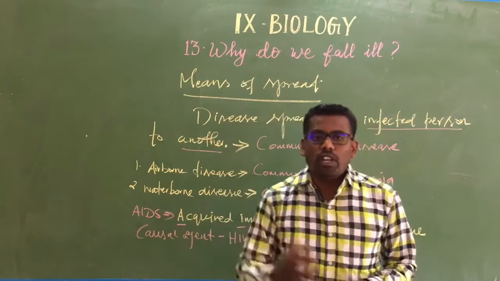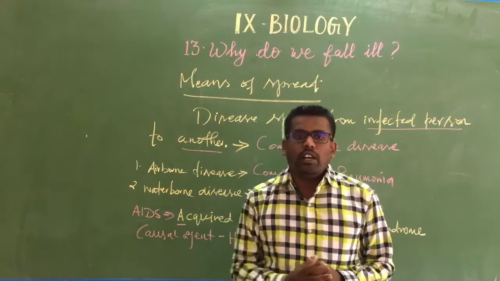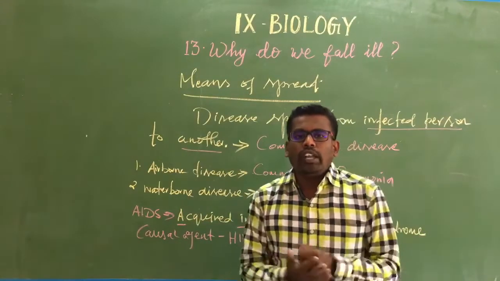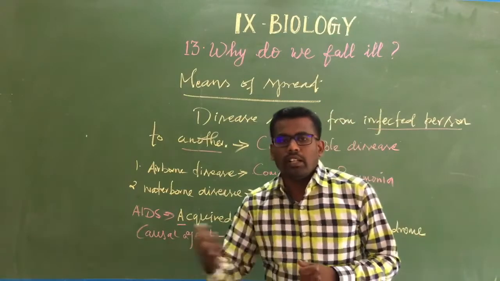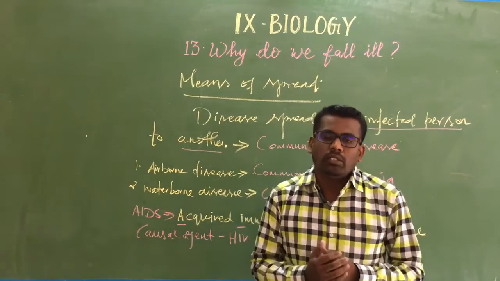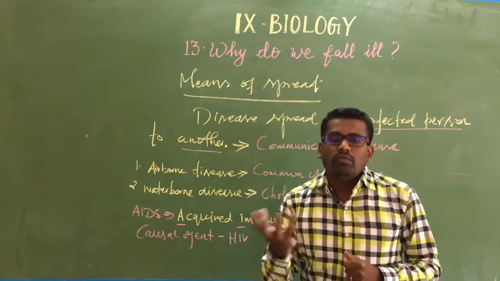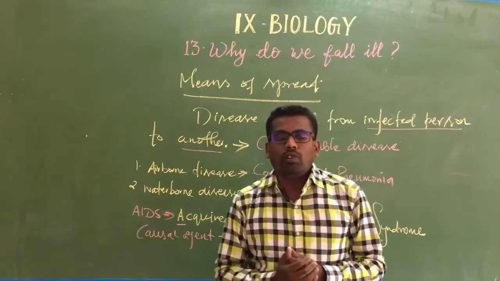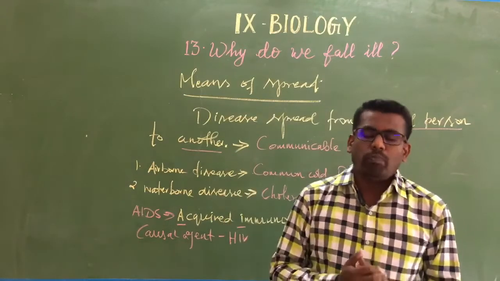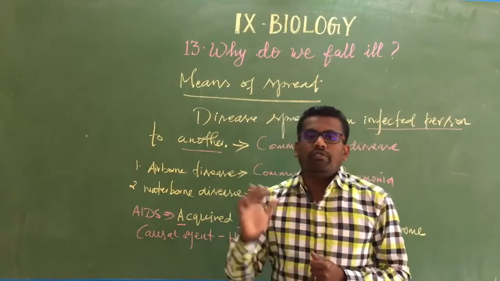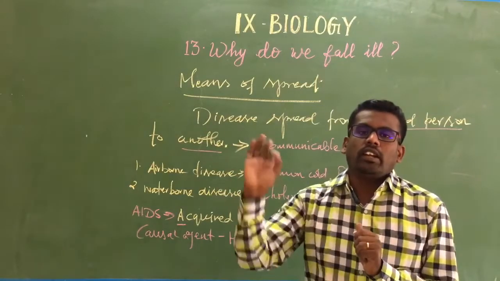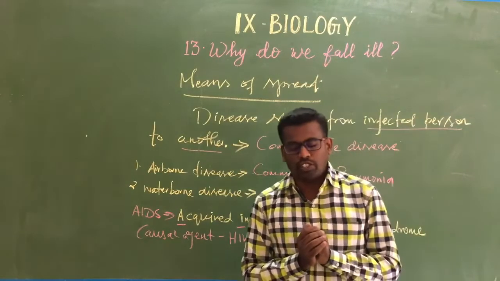When we fall sick, for example with common cold or mild fever, we recover within one or two days without taking medicine because of immune power. Immunity is the natural defense mechanism in our body that resists microbial infections.